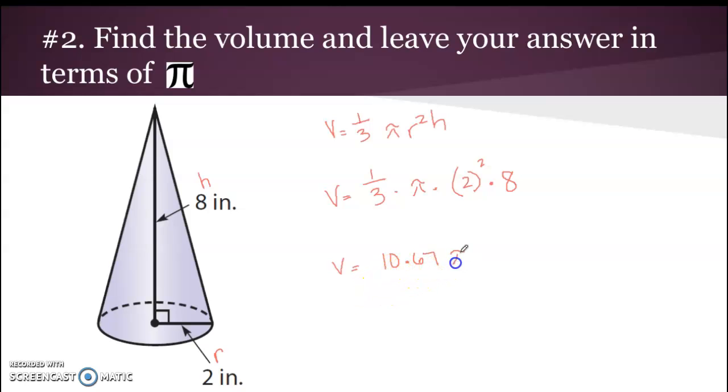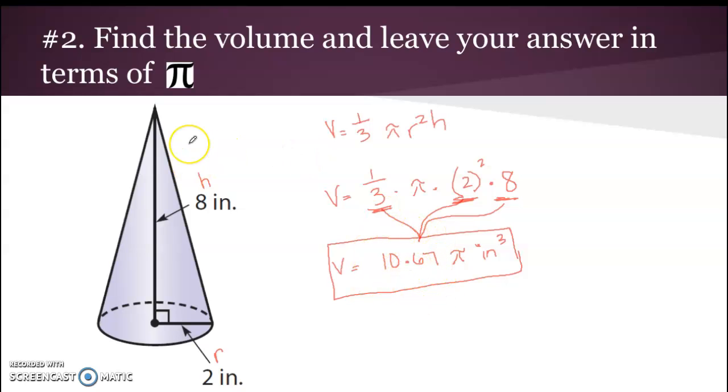10.67 pi, and it's in inches cubed. So when you enter all of these, the 3 numbers that I underline are the ones that lead to this 10.67. I just put 2 decimals here because it ended up being a decimal, but it says in terms of pi, meaning I want to make sure there's a pi involved.